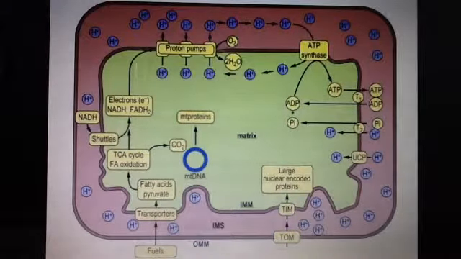So this Tim-Tom complex describes the translocation of proteins produced in the nuclear DNA, and they are used here. They're sent through the mitochondrial membrane for use in oxidative phosphorylation.